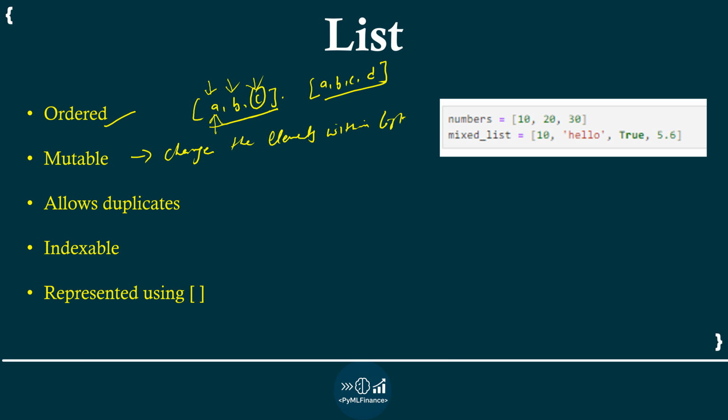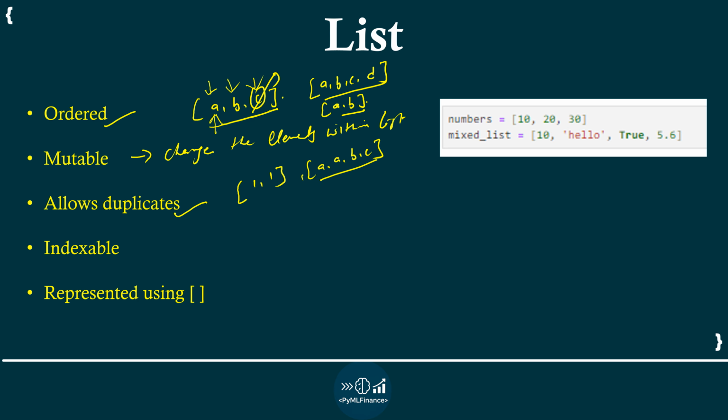You want to remove any one item and keep only two items, you can do this. So lists are mutable, meaning you can change elements within the list. They also allow duplicates, so the same value can appear multiple times. If you want to store the same values within the list, you can do that.